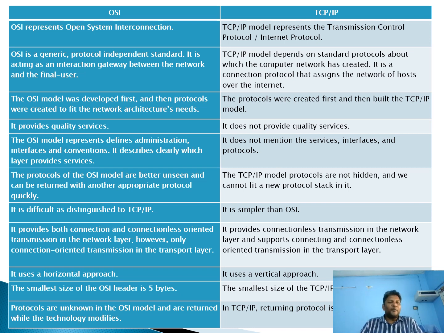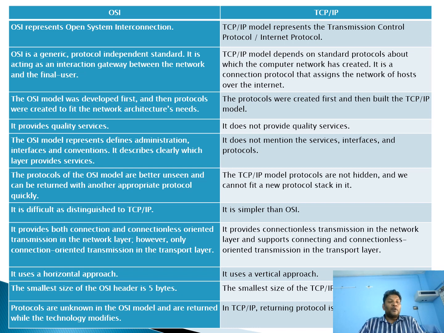OSI is a generic, protocol-independent standard. It acts as an interconnection gateway between the network and the final user. But the TCP/IP model depends on standard protocols around which the computer network has been created. It is a connection protocol that connects the network of hosts over the internet.